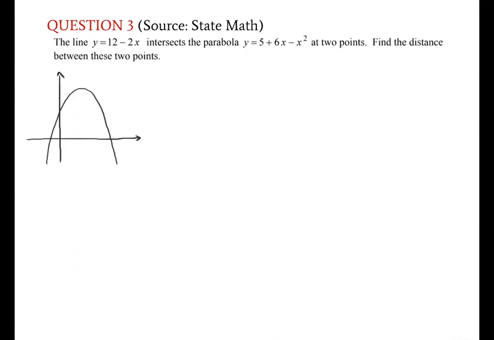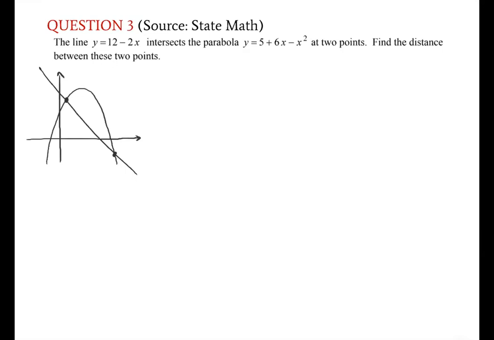That's our parabola, and that's our line. So we're going to find the 2 points of intersection, which are the ones I just made a dot on.